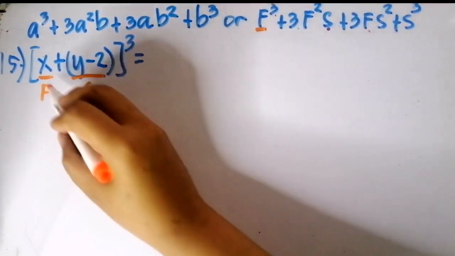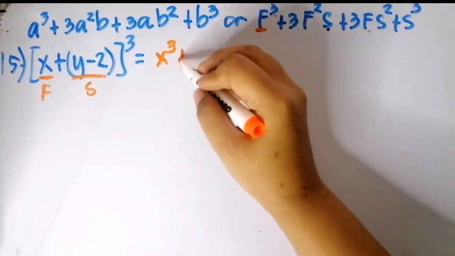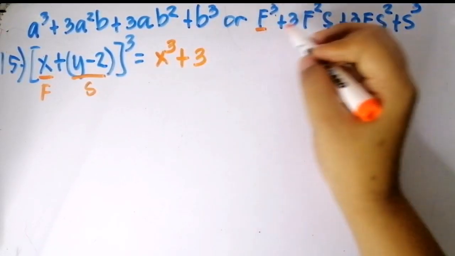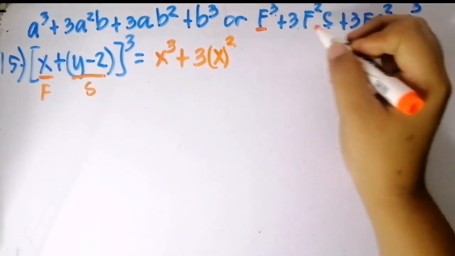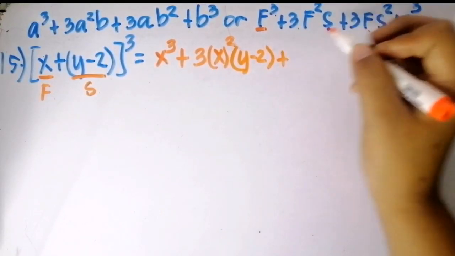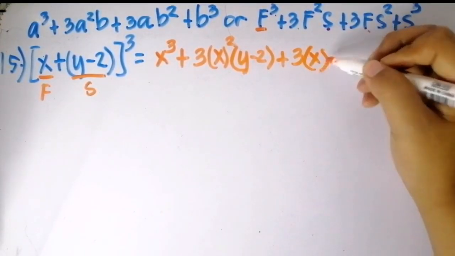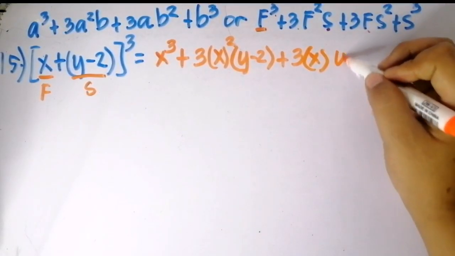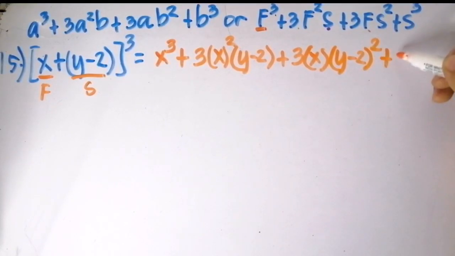First term, that is x raised to 3 plus 3 times first term x squared times second term y minus 2 plus 3 times first term times second term raised to 2 plus second term raised to the power of 3.